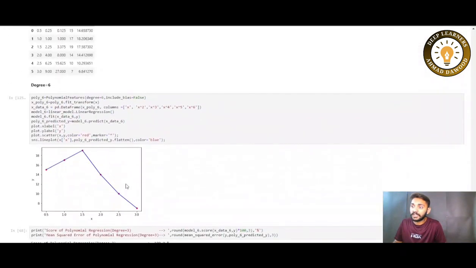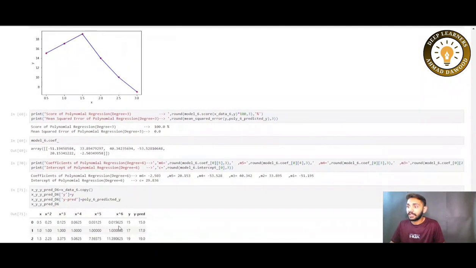One other aspect that we learned is that if we increase the degree of the polynomial equation, or the degree of our model, the model becomes more flexible, more complex, and more powerful, and it captures the pattern or trend of each data point very perfectly.